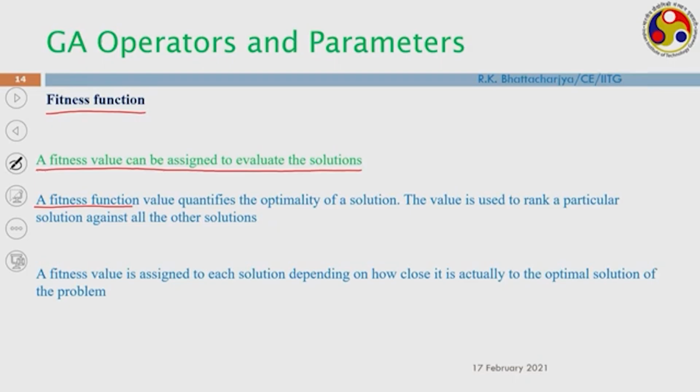The fitness value is assigned to each solution depending on how close it is to the optimal solution of the problem. So I have to assign a fitness value to each solution of that population.